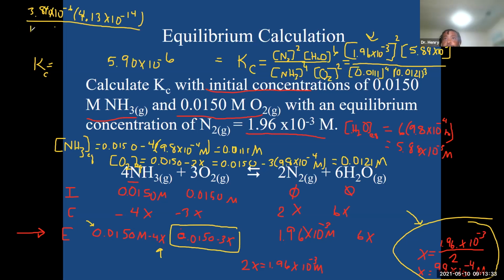So 1.52 times 10 to the negative 8. And then times 1.77 times 10 to the negative sixth.